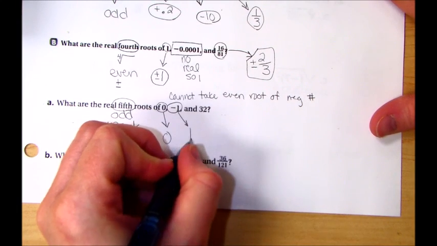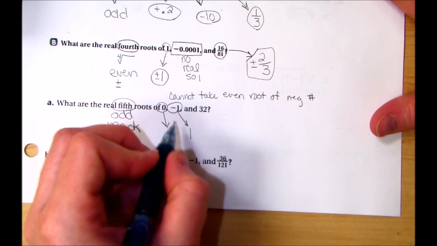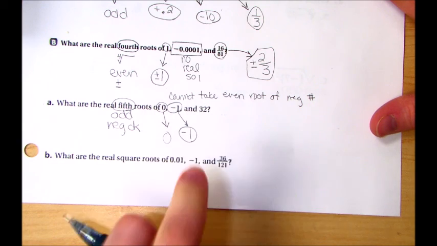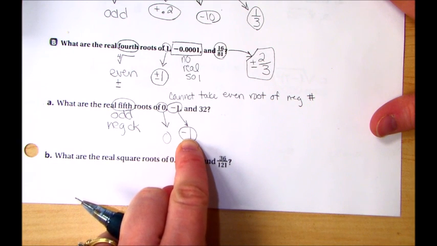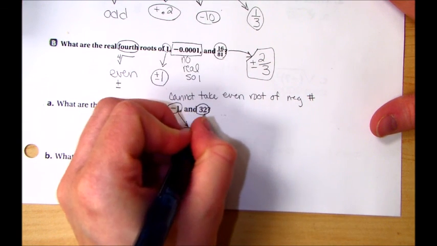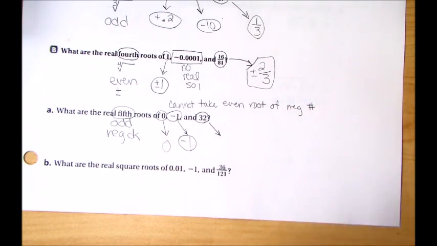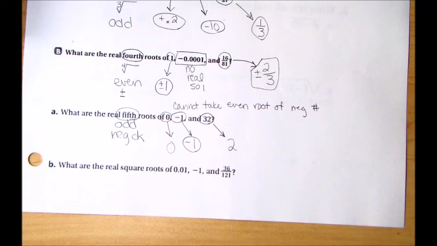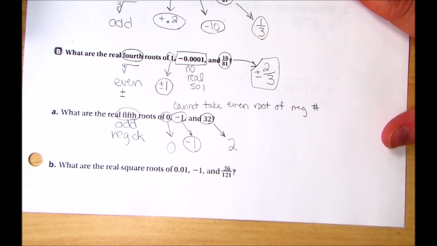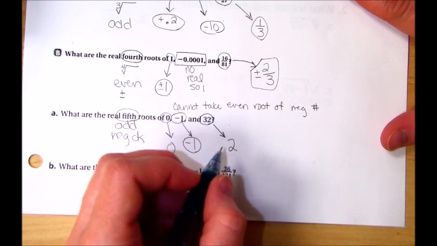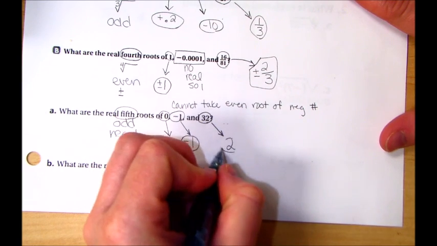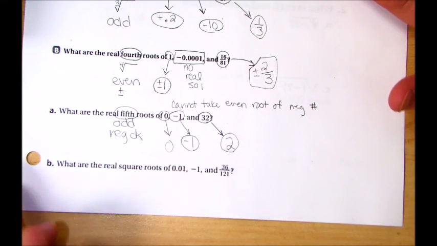It's okay that it's negative because it was odd. If it began negative, it needs to end negative. So negative 1 to the fifth would give you negative 1. Now let's do 32. Look at your list. 32 breaks down to 2 on my fifth list. And since it was positive at the beginning, it's positive at the end.